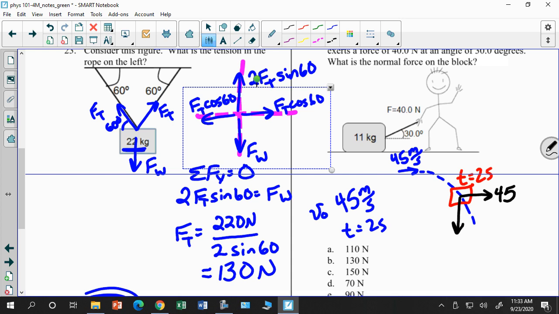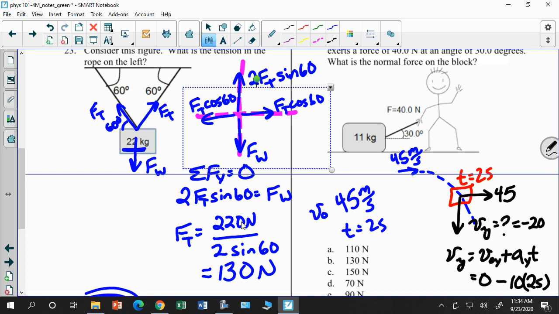What you need to know is the velocity in the y direction, and that velocity is going to be v naught y, which is 0, plus ayt. So that's going to be 0 minus 10 times t, which is 2 seconds. So my Vy is going to be equal to negative 20.